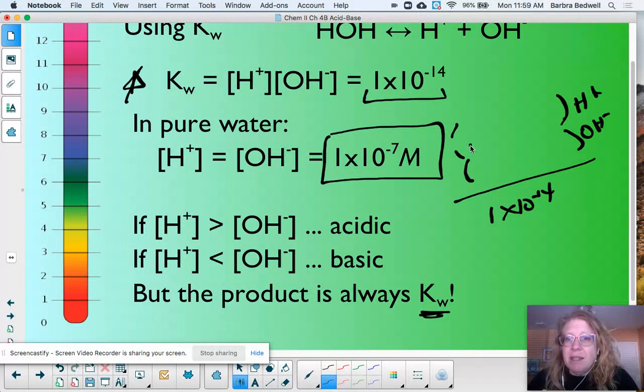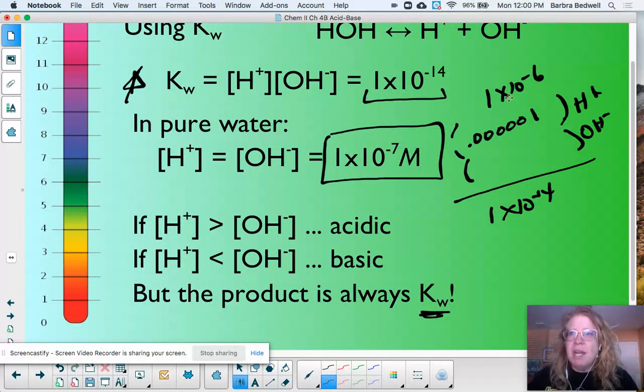If this is 1 times 10 to the minus 6, that is more concentrated than 1 times 10 to the minus 7th. I know it doesn't feel like it.